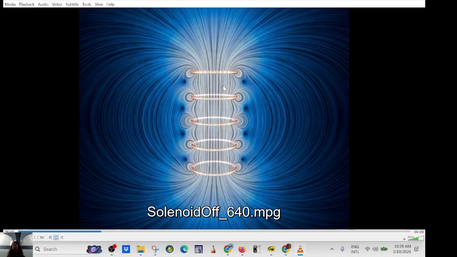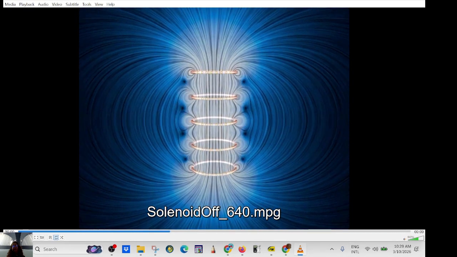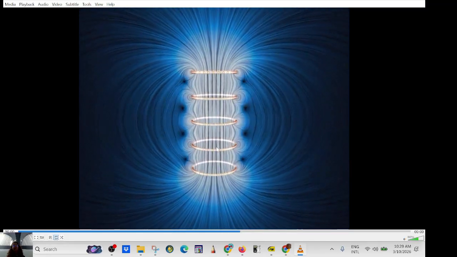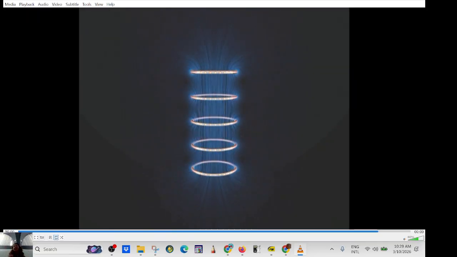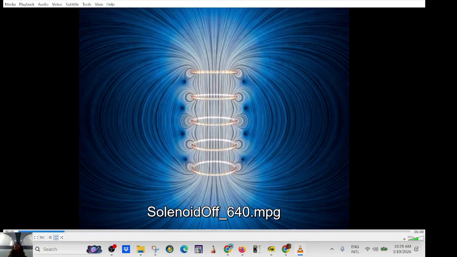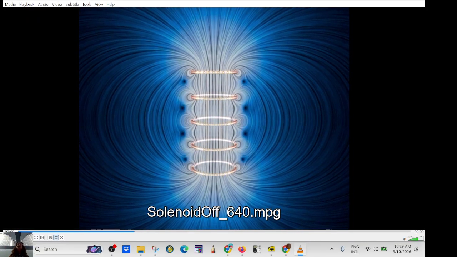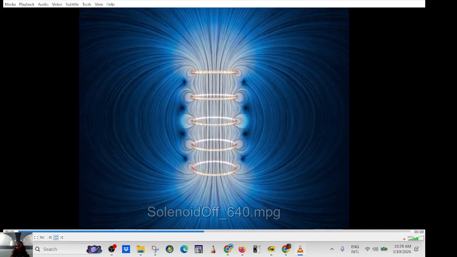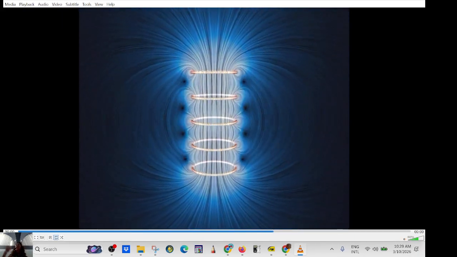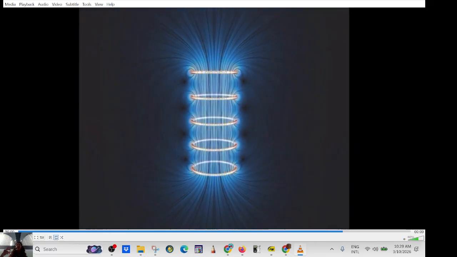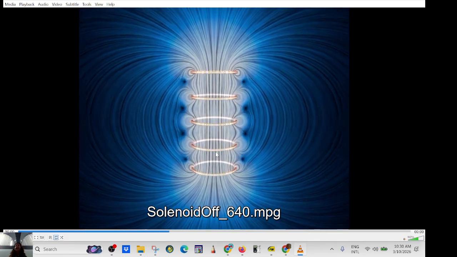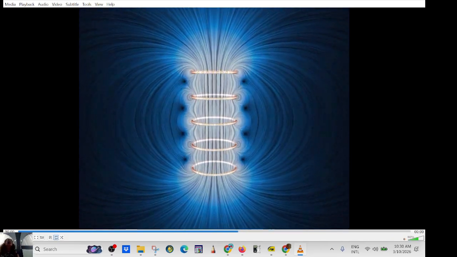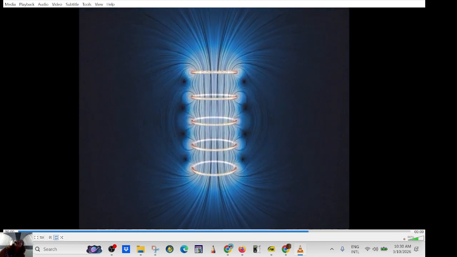And when you open the switch, you see the magnetic field is going to collapse. We talk about collapsing, right? The magnetic field is going to collapse, but it's going to take some time, which can be very dangerous because sometimes you are using an appliance and you open the switch and it can make a spark because of that solenoid.